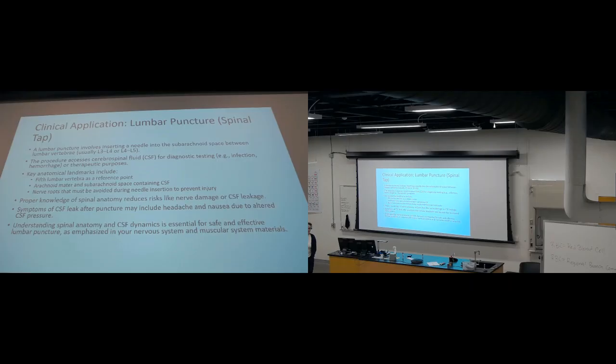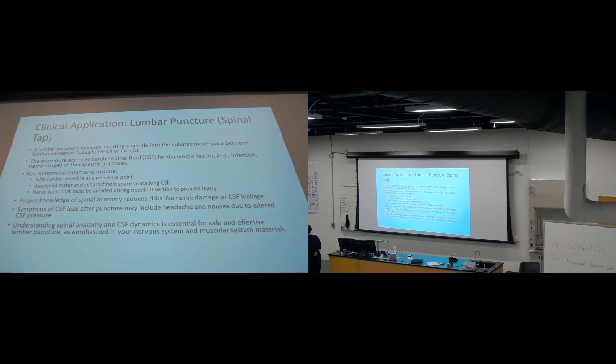Okay, so clinical application for the nervous system. Within the spinal cord, we have the CSF that can be withdrawn in some cases when someone, for instance, has an infection. You have to make sure that you go into the right space at the right level. Remember that the spinal cord ends between L1 and L2.